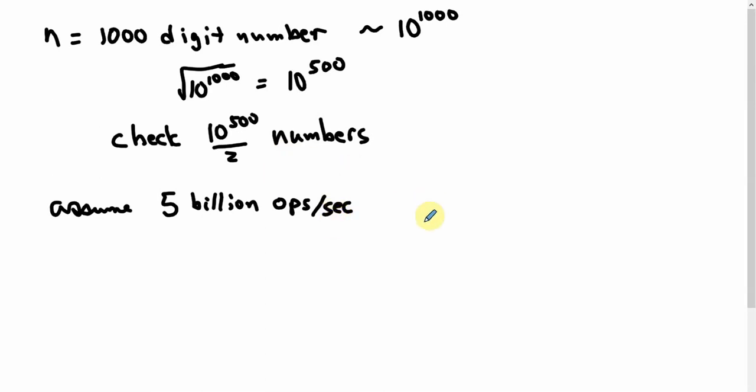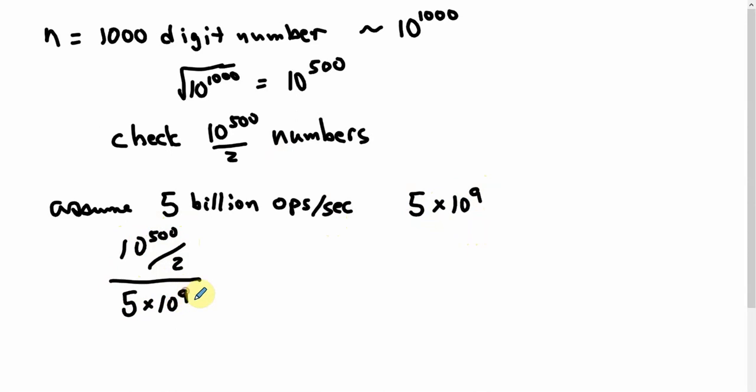That would be pretty good. Okay, so that's 5 times 10 to the 9th. All right, well then, 10 to the 500 divided by 2 operations that have to be done, divided by 5 times 10 to the 9th operations per second. When you work that out, that actually comes out to 10 to the 490 seconds.